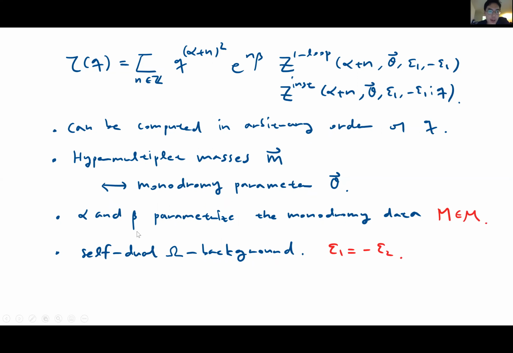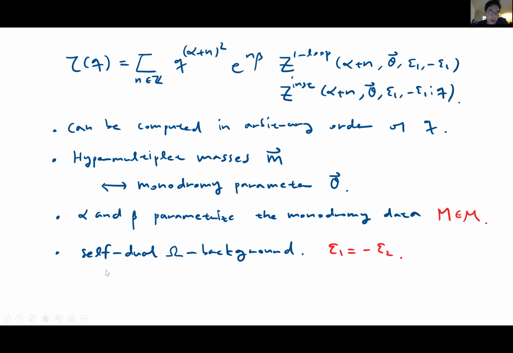Maybe in this talk I will not go into much detail, but it's in the paper. But anyway, alpha and beta parameterize the 2-dimensional monodromy space called M, okay? In other words, alpha and beta provide a certain coordinate system that parameterizes M. I will not write it explicitly in this talk.